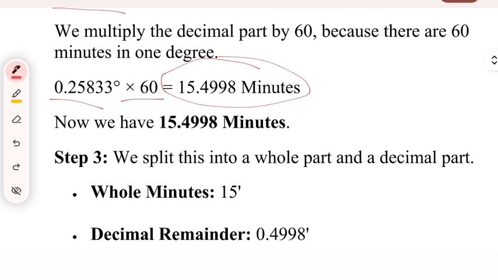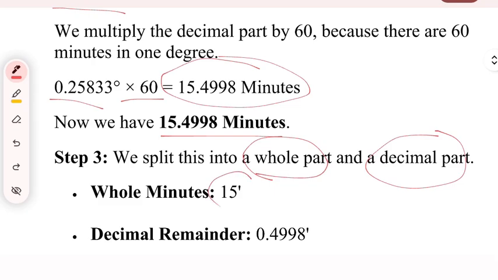Remember, we need degrees, minutes, seconds. We already have the degrees, now we have minutes, but we don't have the seconds yet. So we will again divide this into two parts: the whole part and the decimal part.